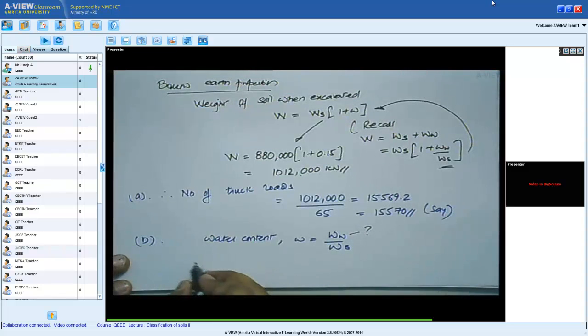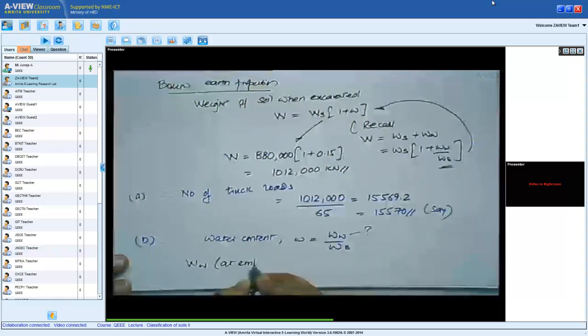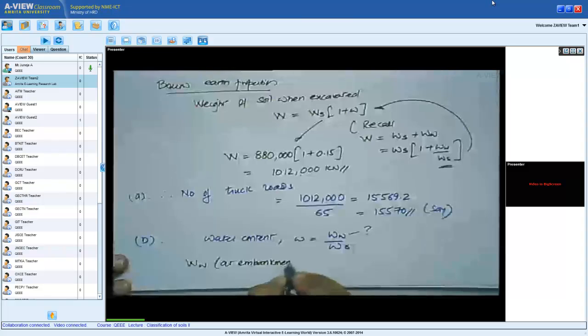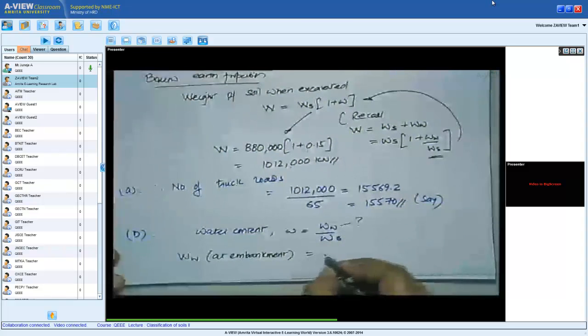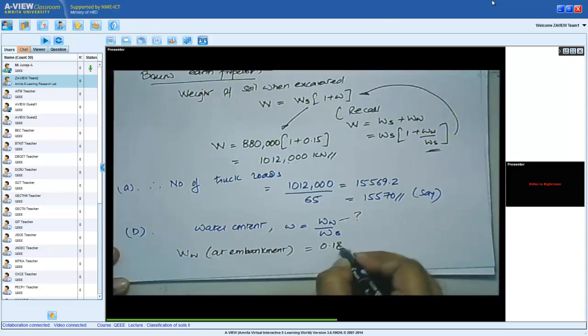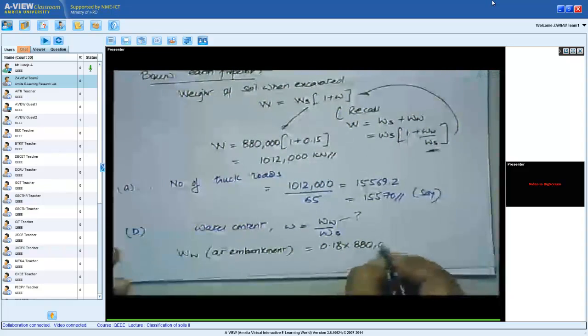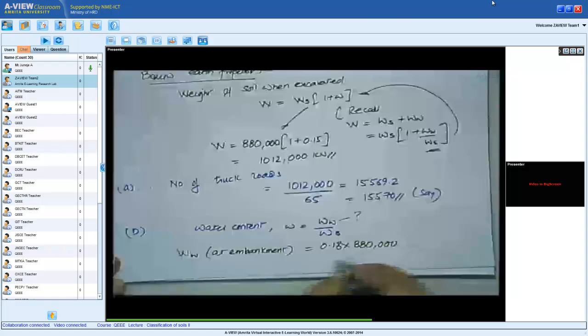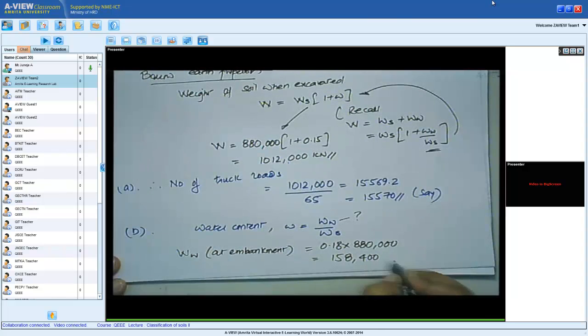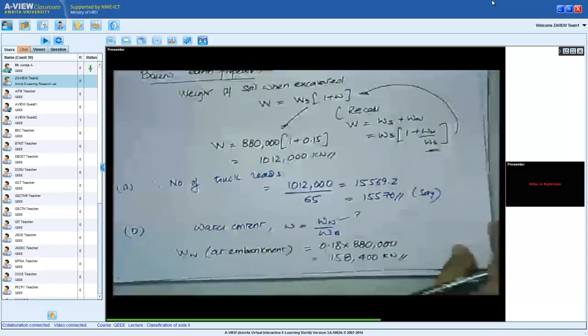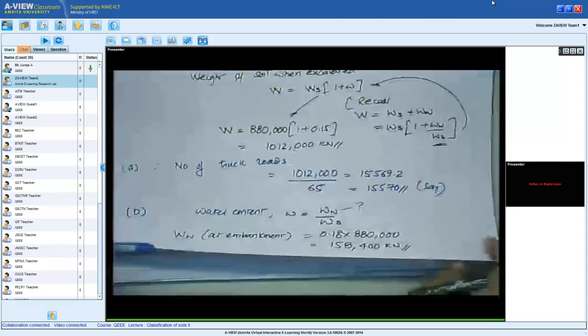For the first case, weight of water at the embankment equals 0.18, that's the water content, times the weight of solids, 880,000. That gives you 158,400 kilonewton. So that's the weight of water at the embankment.